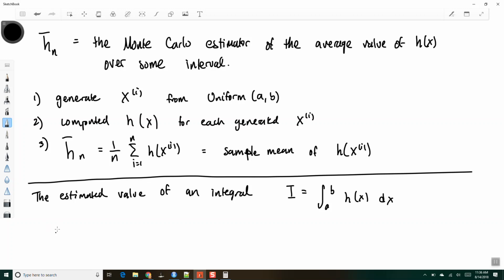This can be estimated, approximately equal to the width of the interval, b minus a, times the Monte Carlo estimator, okay? So we just take the average value and we multiply it by the width of the interval, and that will give us the total area under the curve.